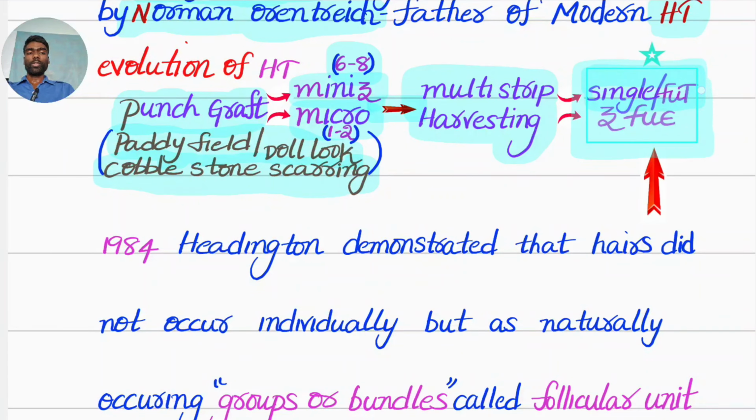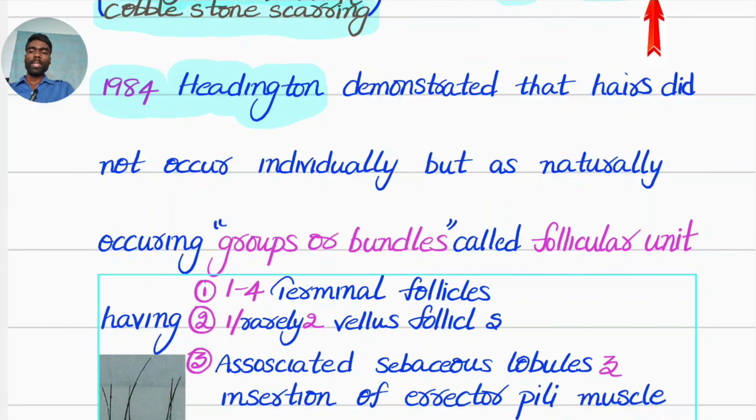Follicular unit transplantation is also based on the concept of follicular unit given by Headington in 1984. He demonstrated that hairs did not occur individually but as naturally occurring groups or bundles called follicular units.